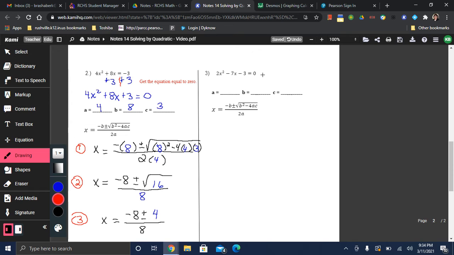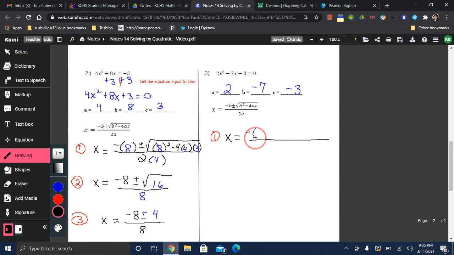And for this, we already have the equation equal to 0. So we can identify the a, b, and c. The a is 2, the b is negative 7, and the c is negative 3. So line number 1, we make our substitution, setting it up with the parentheses.